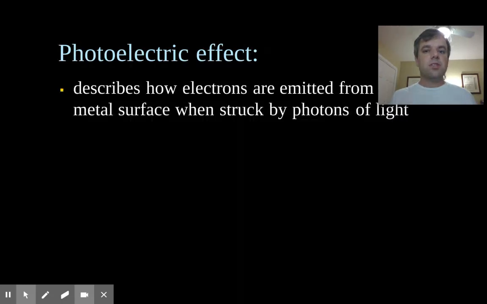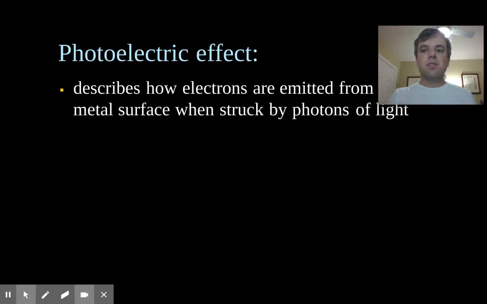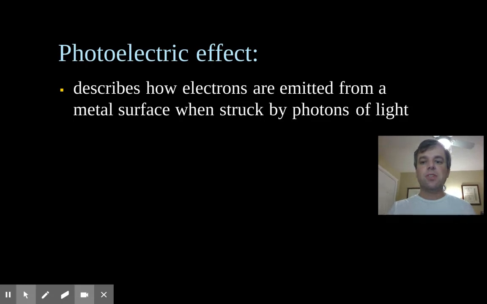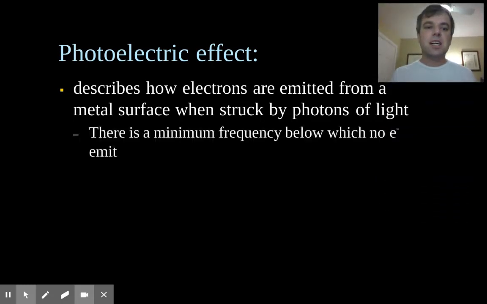So we're going to look at something called the photoelectric effect, which describes how electrons are emitted from a metal surface when struck by photons of light. Now, there is a minimum frequency below which no electrons are emitted because they don't have enough energy to eject electrons from that metal.